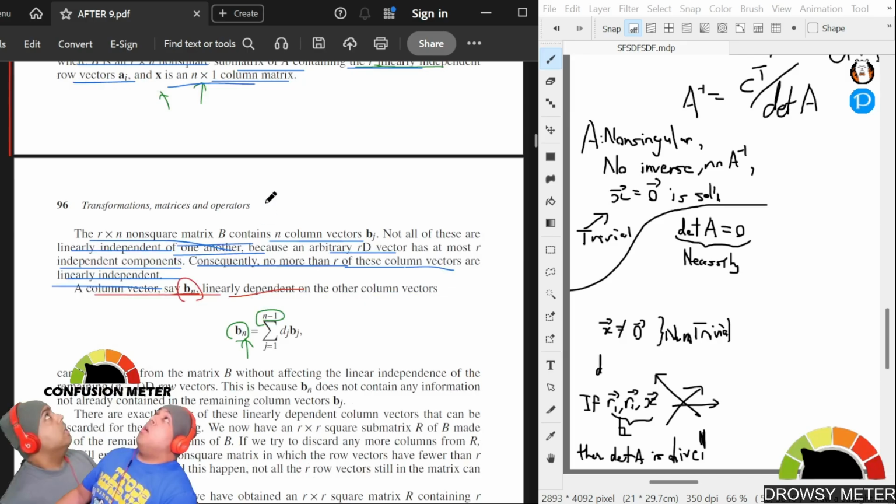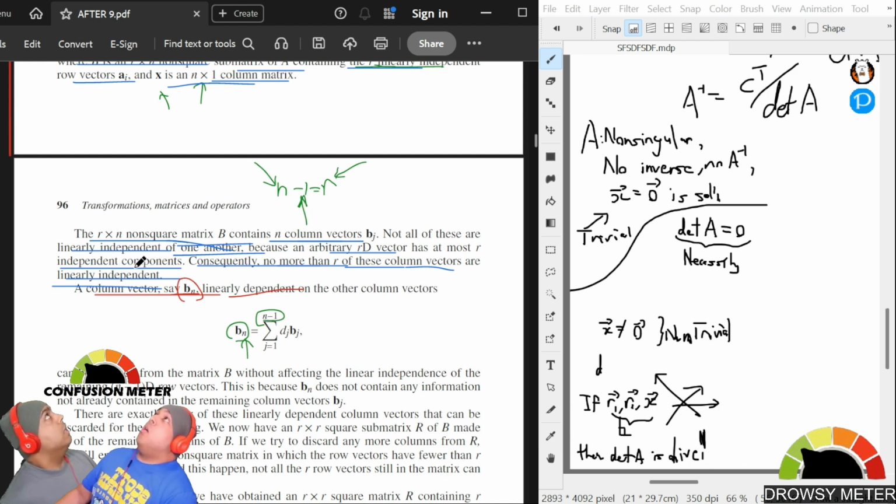Maybe that's the thing. Maybe n minus 1 equals r. Does that make sense? You have the whole space minus the subspace equals, no, I don't think so.